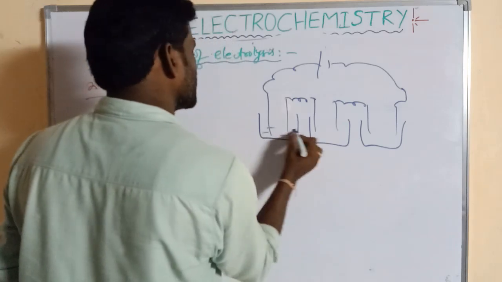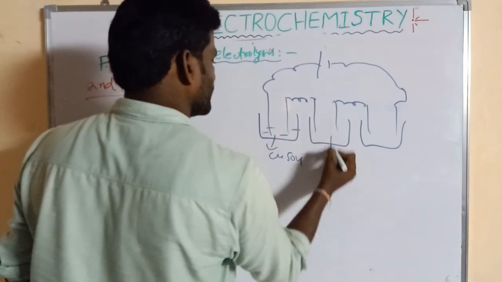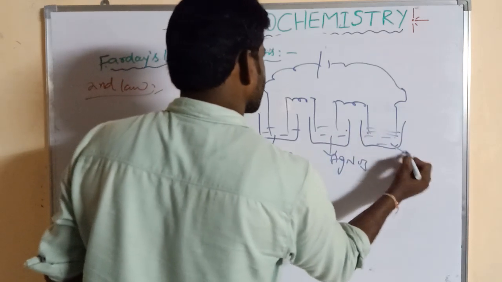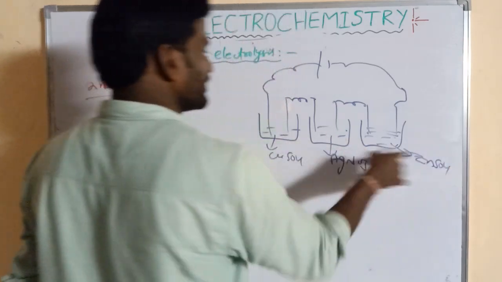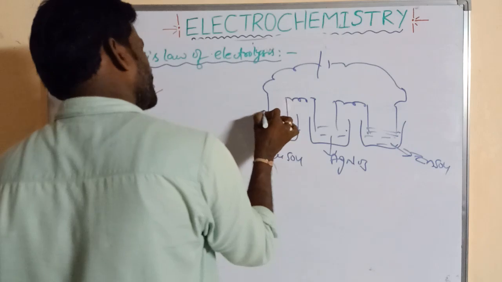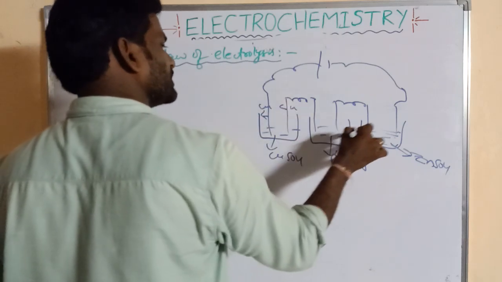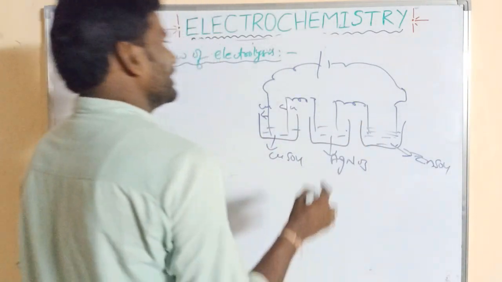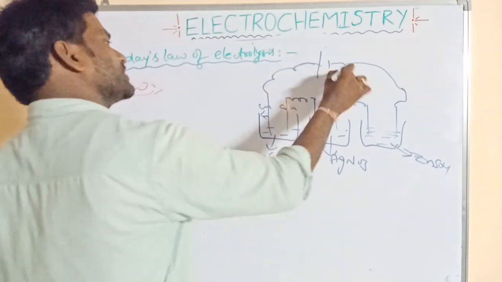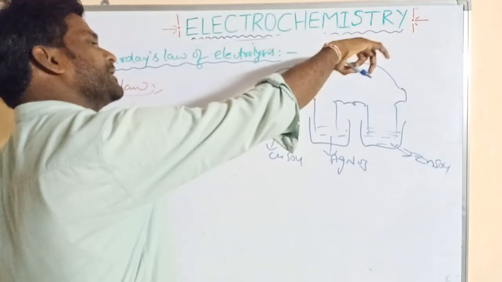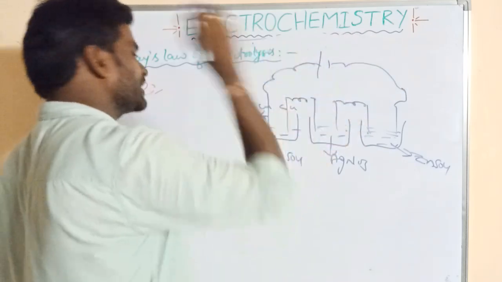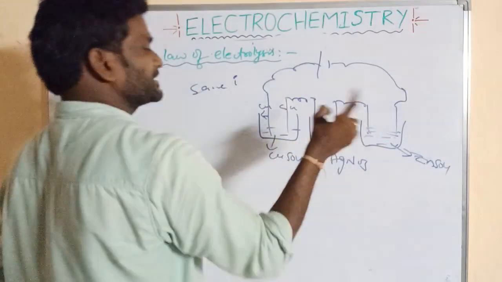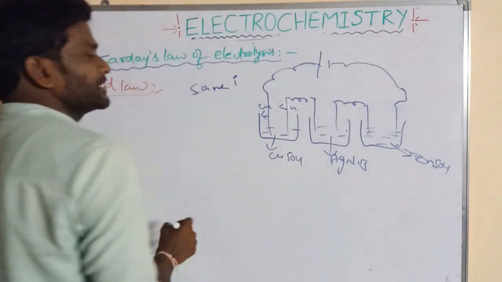These are electrolytes like copper sulfate, AgNO3, zinc sulfate. Its electrodes are copper, copper, silver, silver, zinc. So here different electrolytes can be taken, and the passing of electrical charge is the same, since all are connected in series. So the same current is passed through the electrolytes.